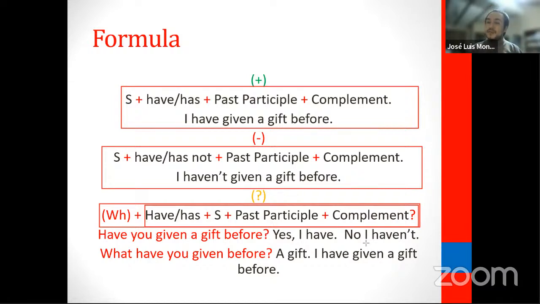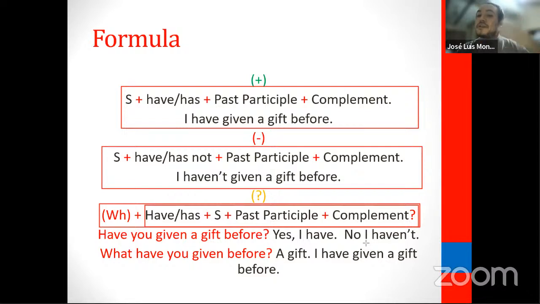Okay, I read that for you because now you need to write four examples. All right, Jose, David, and Fabiana. Let's go to the Google Docs file and write four examples. One in the affirmative form, the second one in the negative form, the third one is a yes/no question, and the fourth one is going to be a WH question.